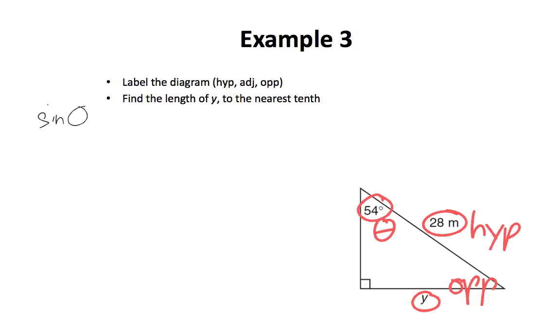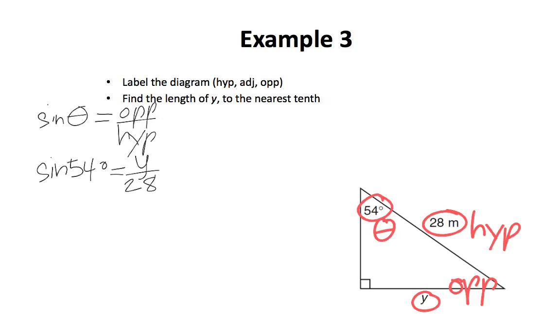So let's write that down. Sine theta is equal to opposite over hypotenuse. Next, we're going to substitute in our known values. So instead of theta, I'm going to put 54 degrees. Instead of opposite, I'm going to put y. And instead of hypotenuse, I'm going to write 28.